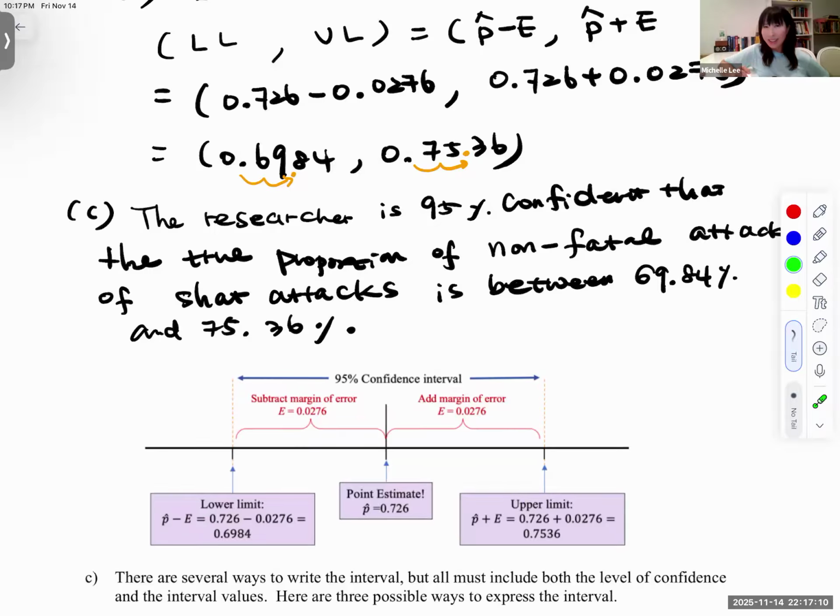Can you think? Okay, so we subtract this number from this number, and we divide by 2, then we find the margin of error.